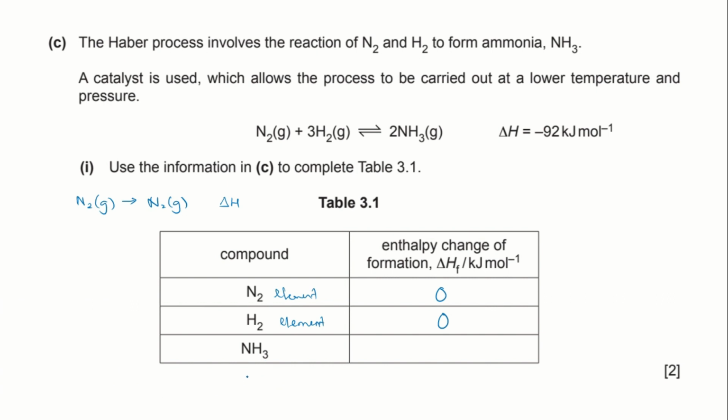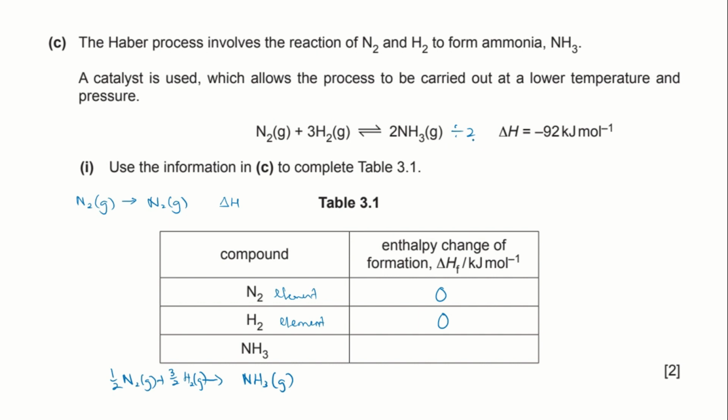For ammonia, let's write an equation to show the formation of ammonia. To form 1 mole of NH3, I will need half a mole of N2, 3/2 moles of hydrogen gas to form 1 mole of ammonia. Can you see that this is exactly the equation given to us divided by 2?